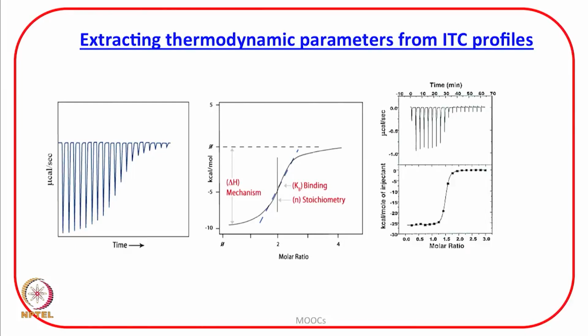So, after we have fit a suitable model to the experimental data points, we have the different thermodynamic parameters. And what are those different thermodynamic parameters? Let us take a look at the next slide.